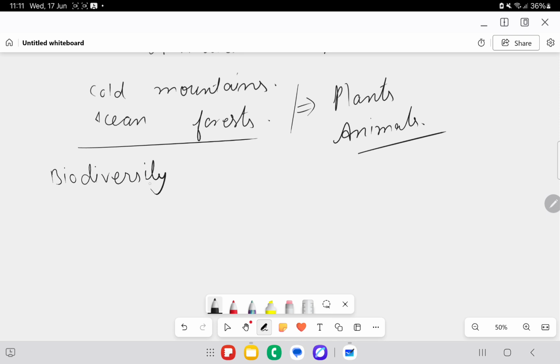What is biodiversity? That is also made up of 2 parts. First one is bio and the other is diversity. Bio means life, diversity means varieties.